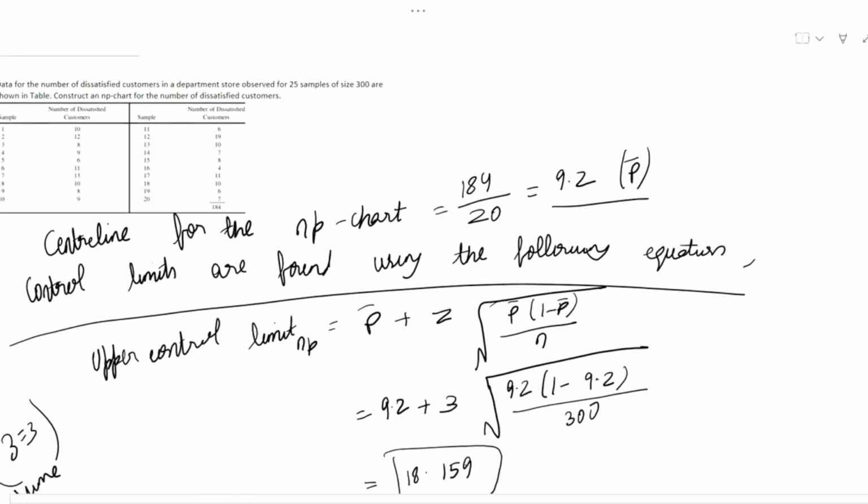Now in this question we also have to construct the NP chart for the number of dissatisfied customers. So first we will quickly draw an NP chart.